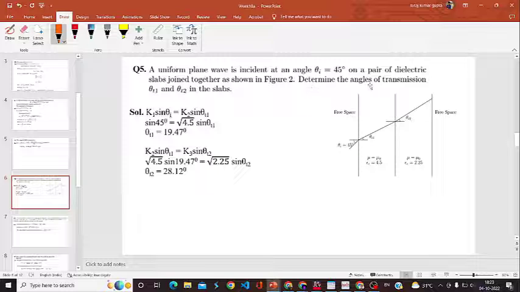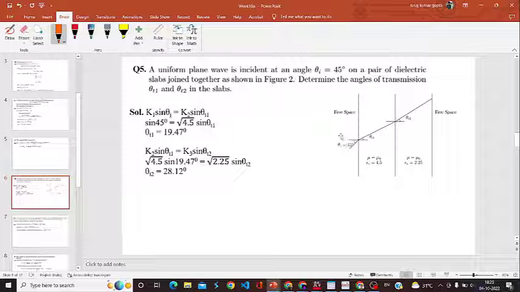We have to determine the angle of transmission, that is theta t1 and theta t2. So for solving this kind of problem, we will use Snell's law of refraction, which is defined as k1 sine of theta i is equal to k2 sine of theta t.